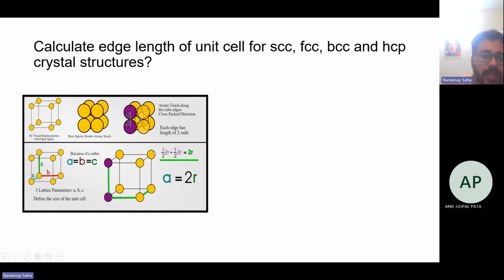If you calculate the edge length, this is very simple. You have to simply take half a diameter, that is r, plus one half into 2r, plus r, into 2r. So that is 2r, right? Get it.